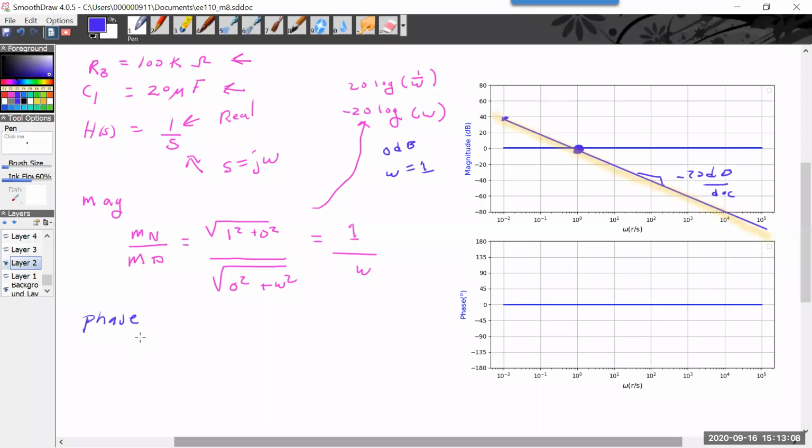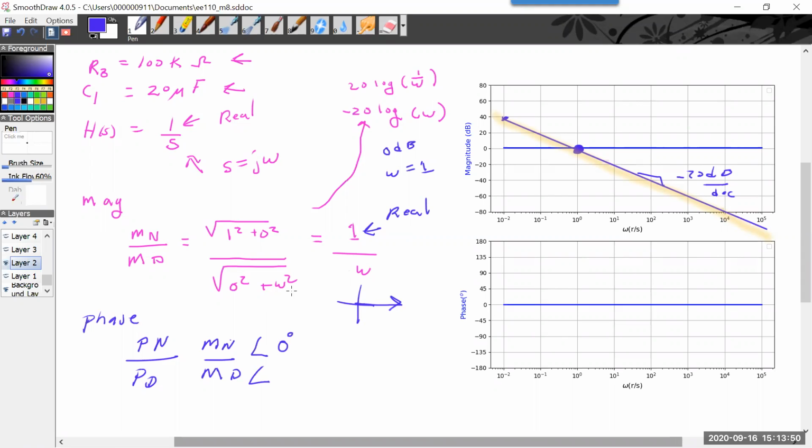So the phase, we're going to have the phase of the numerator, phase of the denominator, and we don't really care about these magnitudes because we've already done that. We really care about the phase angles here, right? But looking back here, we can see it's real the whole time, right? That means we have a vector pointing that way, which means it's 0 degrees.